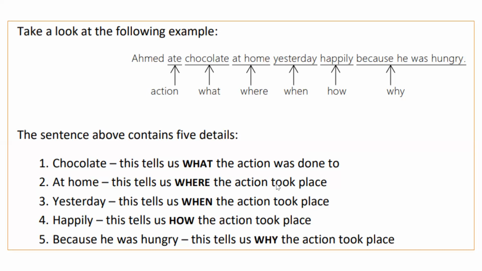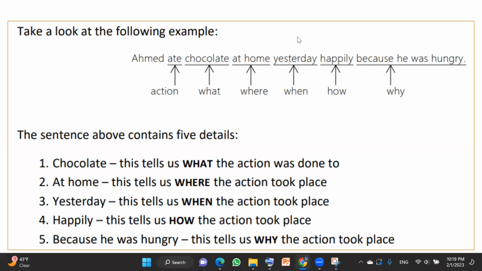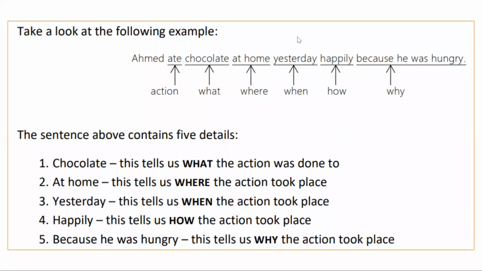So what the action was, and what the action was done to, the words that tell you the thing the action was done to, or whom the action was done to, those types of maf'ul are maf'ul bihi.